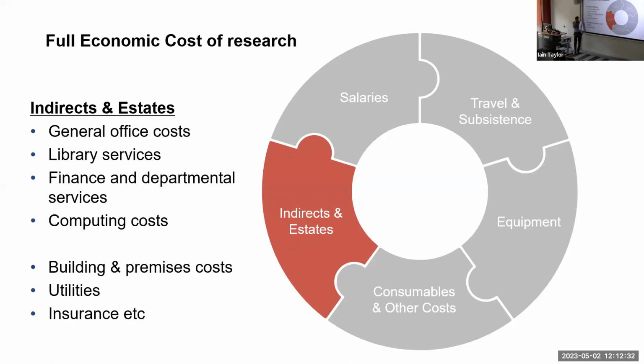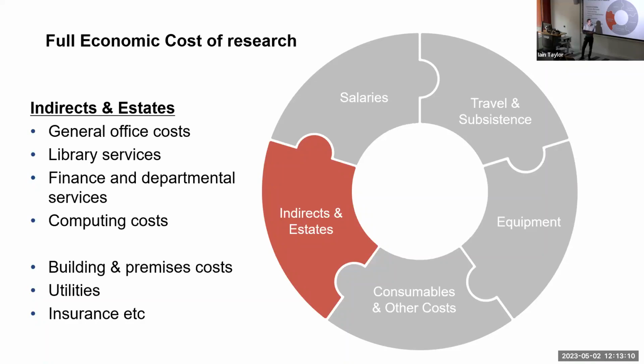So the indirects and estates, what are these? Well, the indirect costs are things like, this is my understanding, general office costs, things like stationery, furniture, library services, subscriptions, finance and departmental services. So all the brilliant professional services staff we have in school would largely be funded from money that filters down from indirect costs.